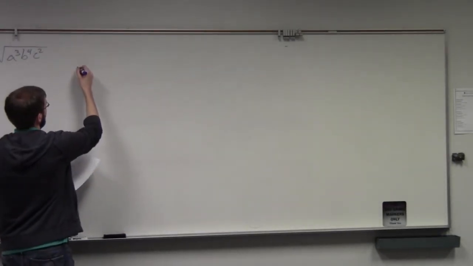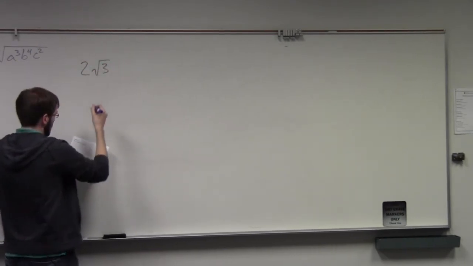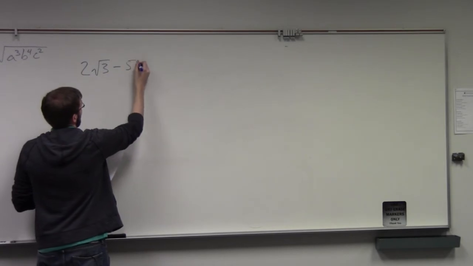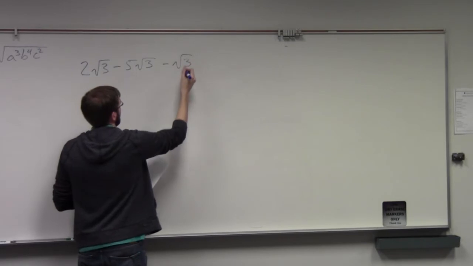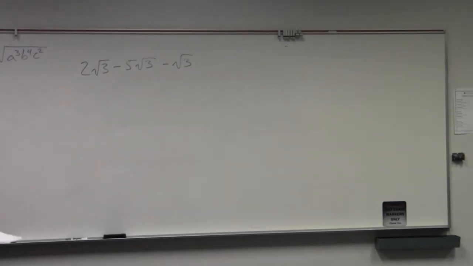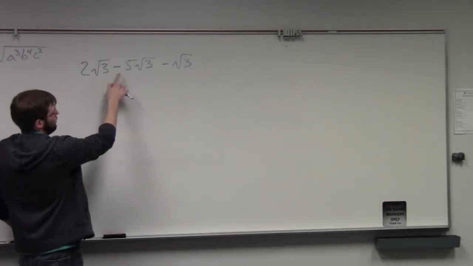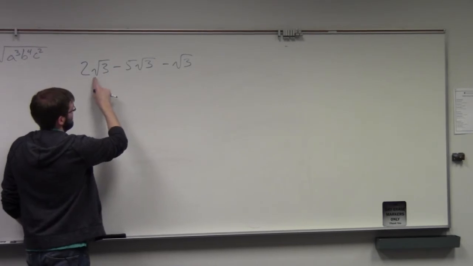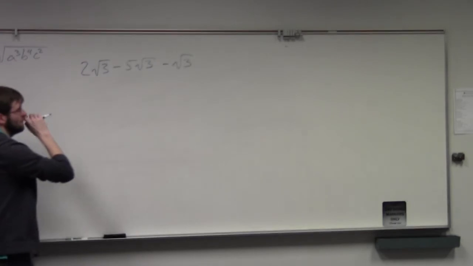So for the first one, I have 2 square root of 3 minus 5 square root of 3 minus the square root of 3. So when we have square roots that we're adding and subtracting, we treat all of the square roots as variables. So even though it's a number, we want to treat this as a variable. Since these are all the same radical, square root 3, square root 3, square root 3, I can add the coefficients in front.